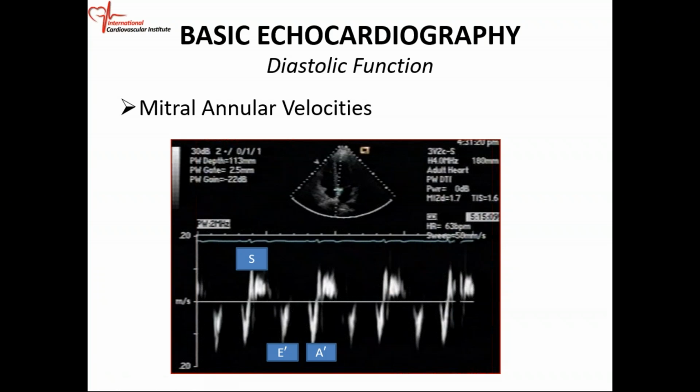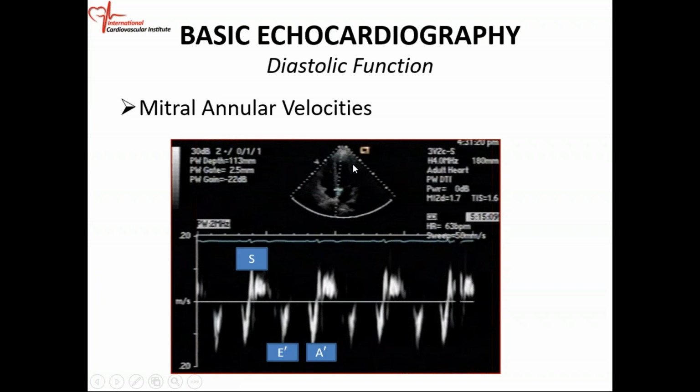So we want to look at how fast the mitral annulus is moving. The mitral annulus is supposed to move with a certain amount of speed, going up to the apex and moving away from the apex. So when you press your TDI button, tissue Doppler imaging button, which is a form of pulse wave Doppler, you're going to get a systolic excursion.